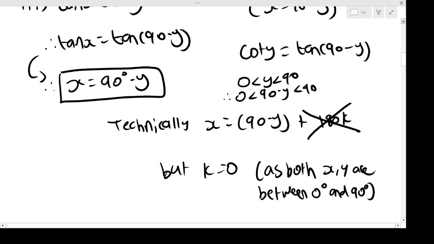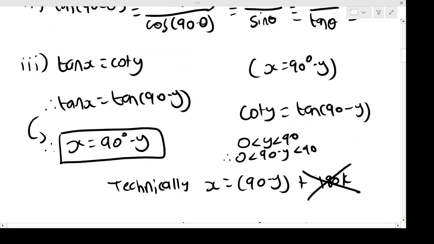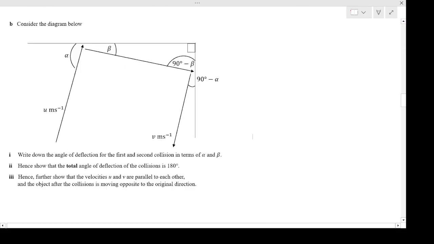But what you will find with questions and mark schemes that we're going to look at is that they literally do this step in one jump. They don't even bother justifying it. They just equate the angles like that. So I just want to break it down now so you're convinced and happy with this technique. We are going to be looking at this sort of thing, where if we have tan of two angles, we can equate the angles.